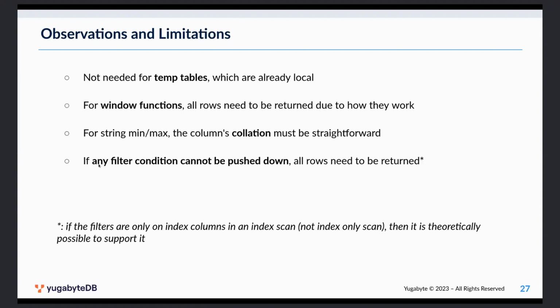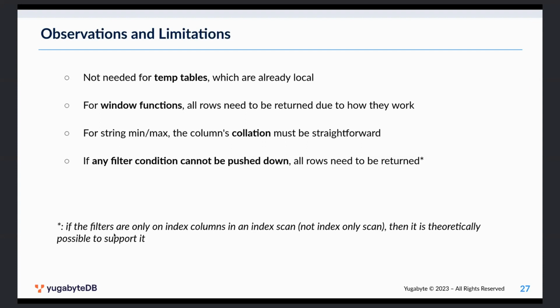And if any of the filter conditions, for example the where clause conditions, can't be pushed down, then we need to return all the rows, because we need the row values to evaluate the condition locally. If we're going to return all the values anyway, then it defeats the purpose of the aggregate pushdown.